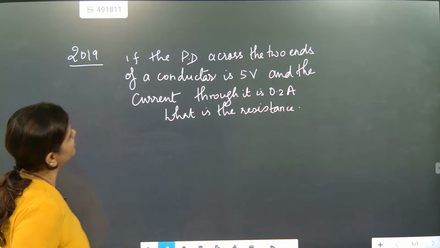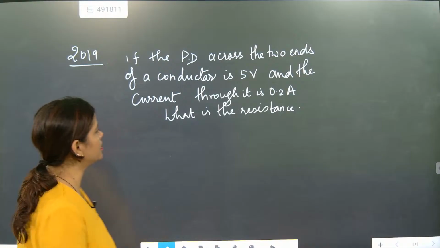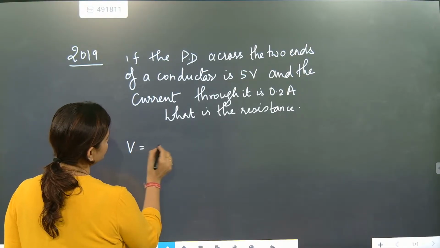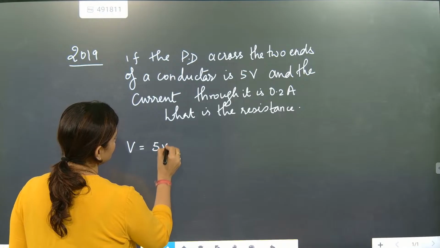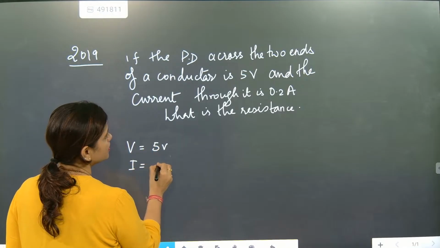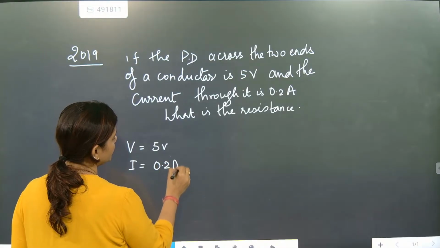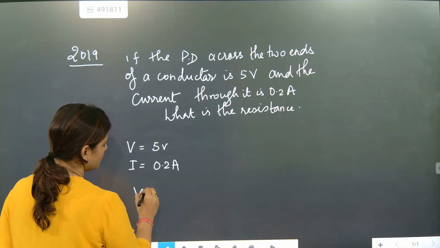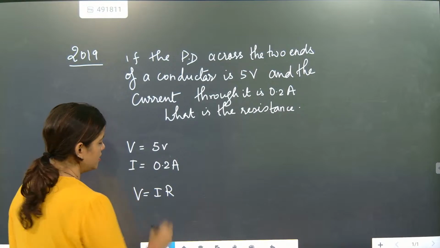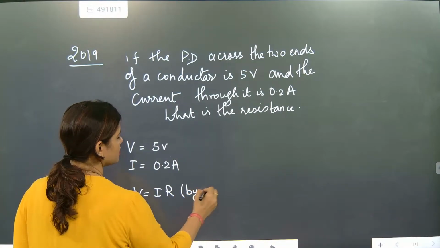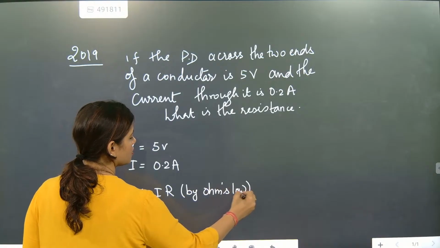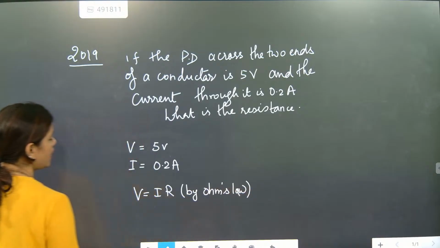So now look at the potential difference across two ends of a conductor. Potential difference is given as 5 volt. Current I is equal to 0.2 ampere. By Ohm's law, V is equal to IR.